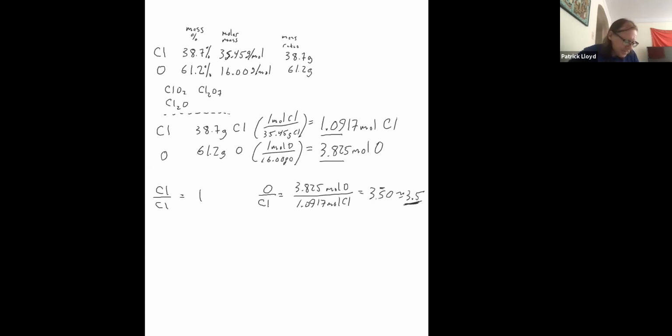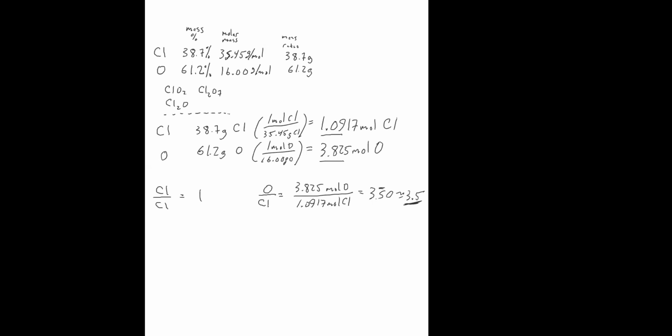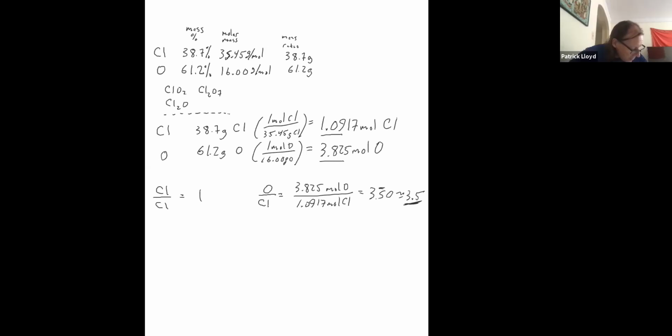Right. So now, same thing as last time. You've got 1 and 3.5. Just multiply both by 2. And that's 7. So now you've got Cl2 and then O7. And that's actually that one right there.